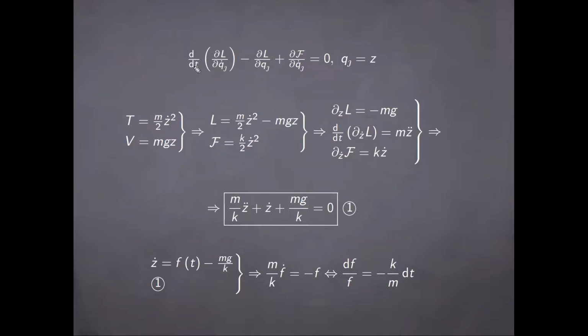The Lagrange equations of dissipation are written in the general form here, and our single generalized coordinate will be the height z. Then the kinetic energy and potential follow immediately with their well-known expressions.